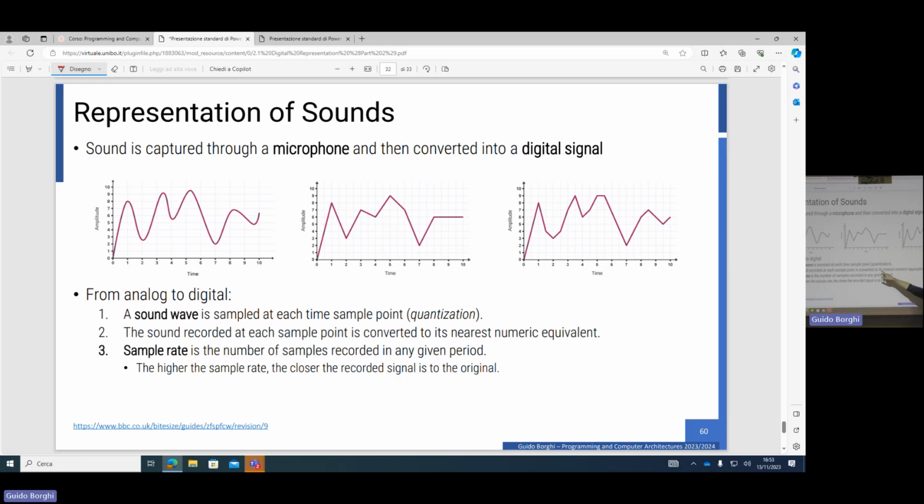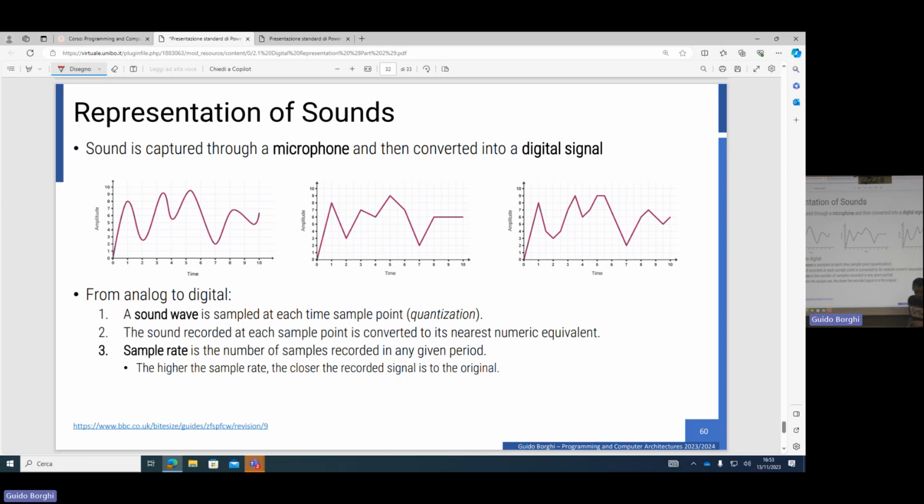The first step is to quantize the signal. So a sound wave, in this case the red wave, is sampled at each time sample point. We define many points and then we sample the value of this curve, of this red line. Then we convert the amount that we found at the sample point to the nearest numeric equivalent.